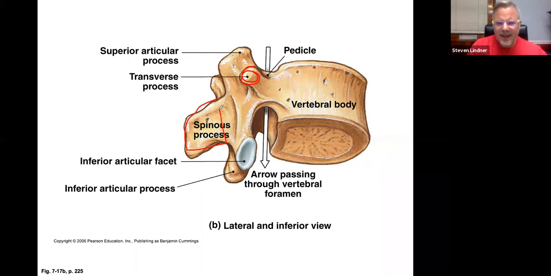And this is probably a lumbar vertebra because of that short, stubby spinous process and huge, large vertebral body. This extension coming off here, that's your pedicle. This is your superior articulating process, and then the facet would be there. And then here's the inferior articulating facet on the inferior articulating process.